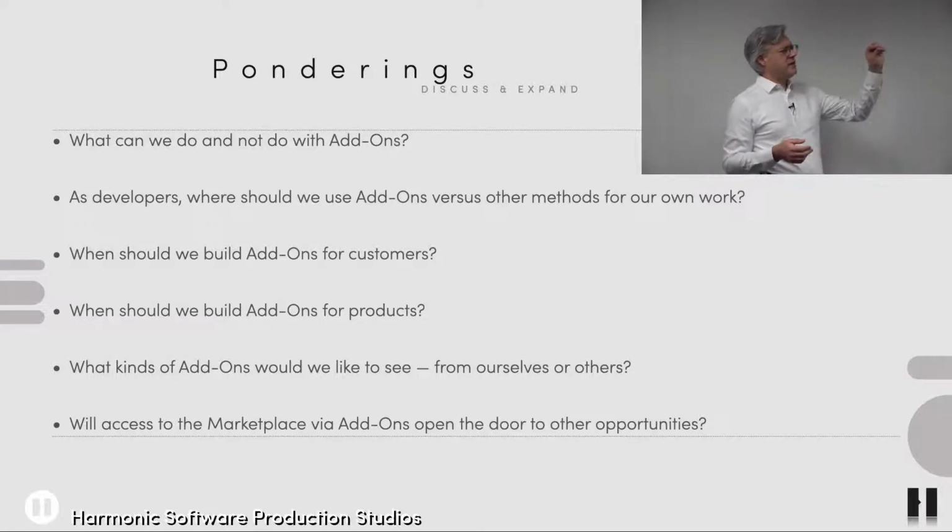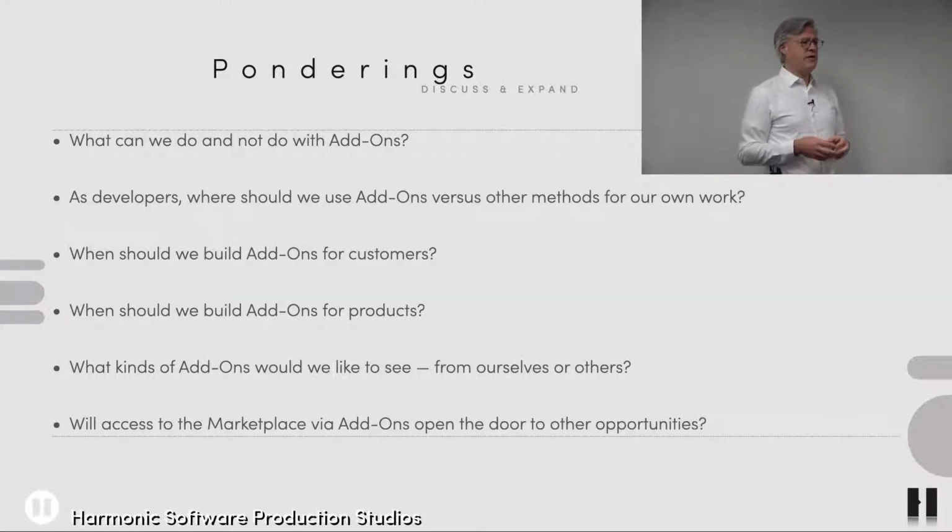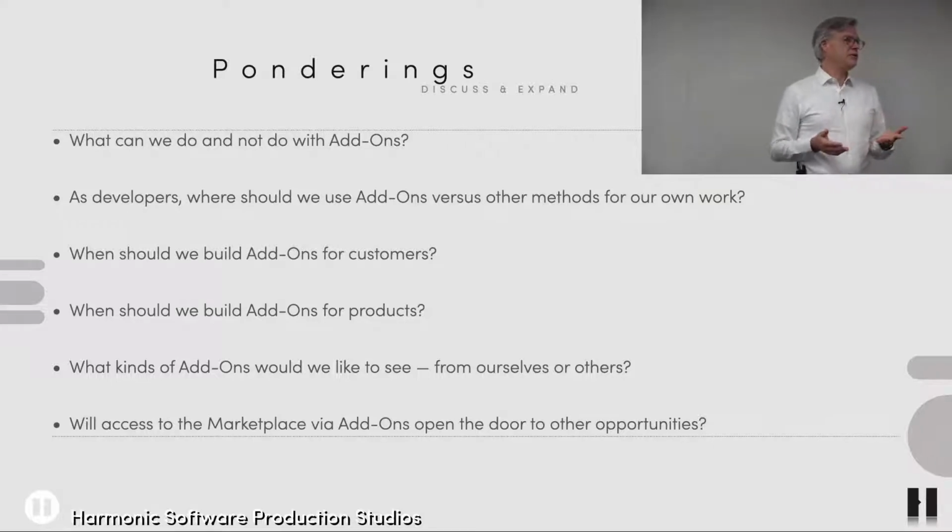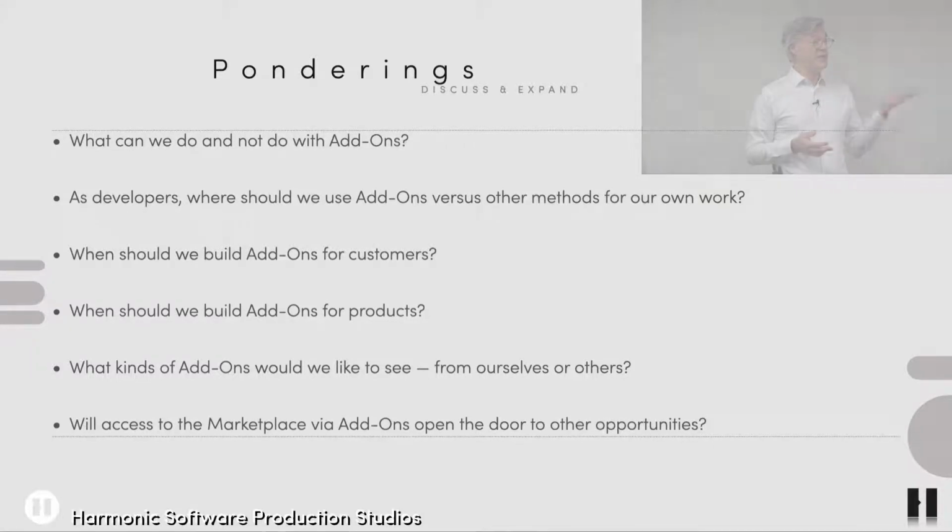Then I think the last two here: what kinds of add-ons do we want to see, right? What are we looking for out there? What do we hope someone builds? What do we want to challenge somebody to build, whether it's us, our team, or somebody else? And then the last one here: will access to the marketplace via add-ons open the door to other opportunities?